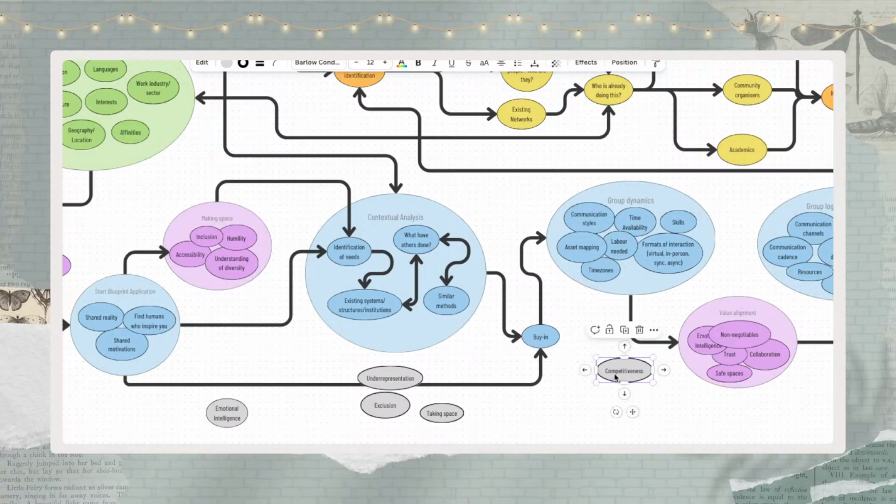I think competitiveness, I see it as part of the group dynamics, something that needs to be thought of or considered when a group, because if we see that the group dynamics comes after buy-in, so you've already consolidated a group in some way. And I think that's why I see competitiveness as something that needs to be dealt with within that group in order to work towards that common goal, whatever that might be.